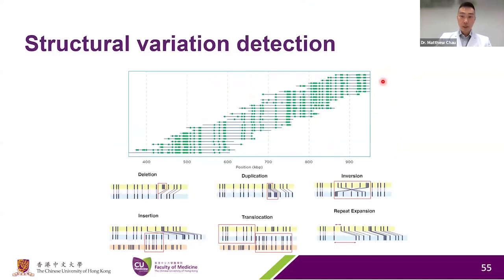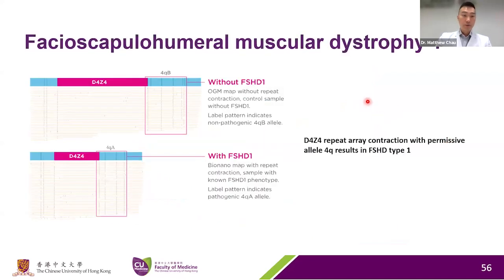So here is an image showing you these single molecules that are digitalized, aligning and building these longer contiguous maps. And by comparing it with your reference genome, you can detect deletions, duplications, inversions, insertions, translocations, and even repeat expansions. It also has several targeted applications, including the detection of FSHD type 1.